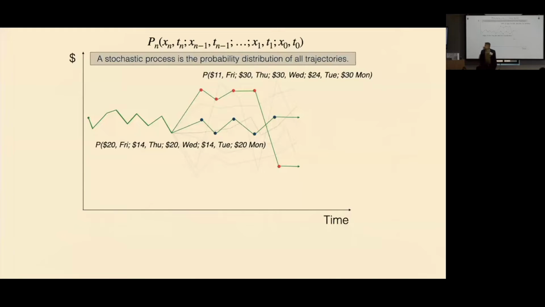And that is the idea of a stochastic process, the joint probability distribution of some random variable, could be the price of a stock, over time. So it's a multi-time distribution. It's not a distribution for what it might be on Monday, and then what it might be on Tuesday, and so on. It is really a joint distribution over multiple times.